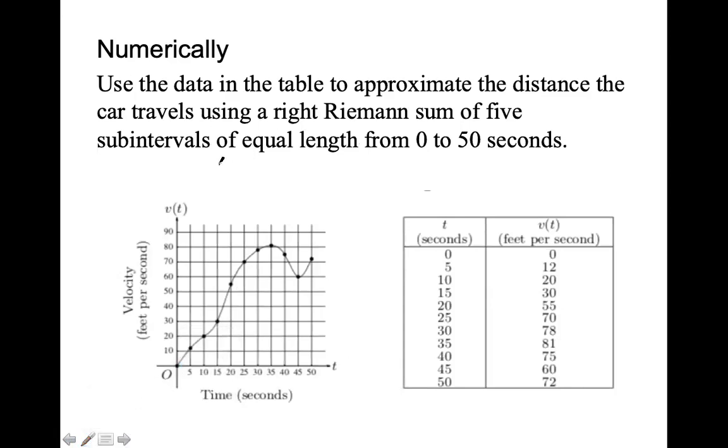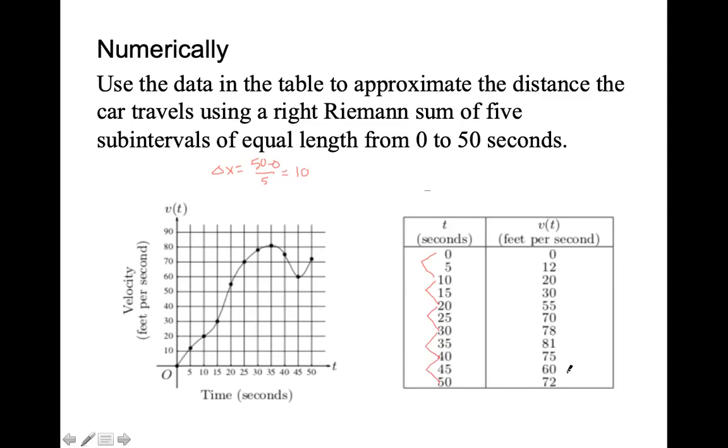All right, we still have that the width is 50 minus 0 divided by our 5 subintervals, means the width of each one of the rectangles is 10. But this time we want a right Riemann sum of 5 subintervals. So our width then is still 10 for these, but now we're doing a right Riemann sum, okay?